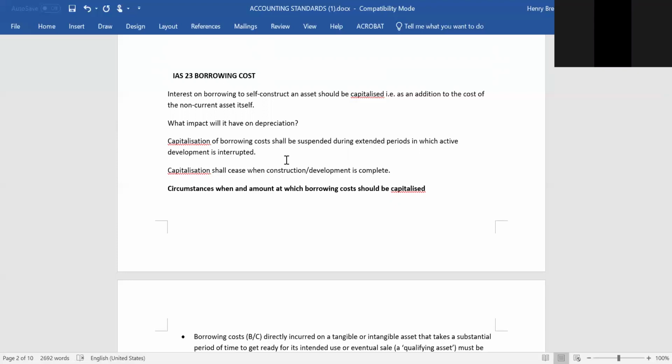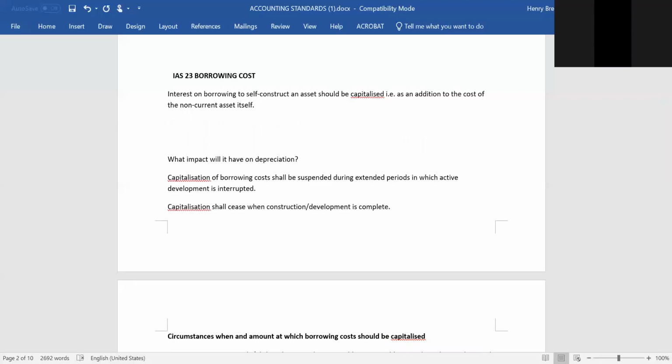But here, to what extent do we have to capitalize that? Is that at the point where you got the loan? The IAS 23 standard is really going to explain that. Now, we will start capitalizing the interest at the point where we have started using the loan to self-construct the asset. What am I saying over here? Let me give an example.